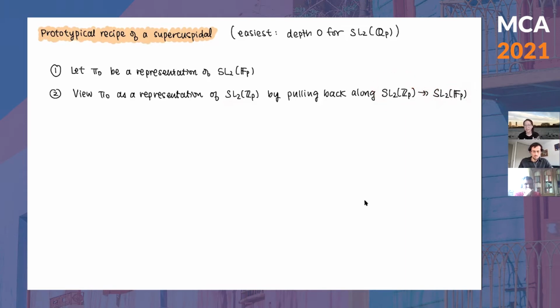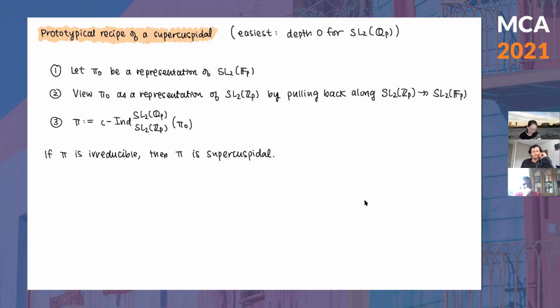Now I have in my hands a representation of SL2(Z_p). Then I'm just going to take an induction all the way up to the big group. It's compact induction, and this is related to smoothness, but please just think of this mainly as induction. You're kind of averaging the action over a much bigger, infinite dimensional space.